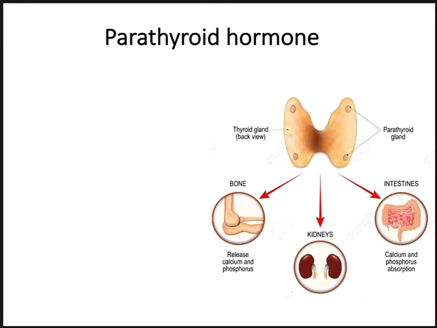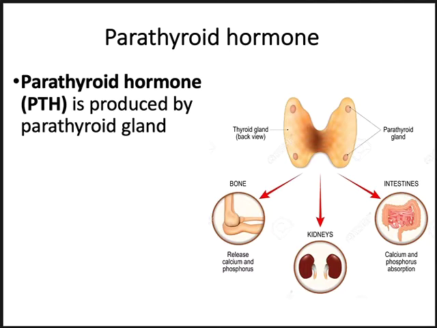Okay, parathyroid hormone is going to do the opposite. It's going to increase the calcium in the blood. So parathyroid hormone is produced by the parathyroid gland. Okay, and this has always been interesting to me. The parathyroid glands are glands on a gland. Parathyroid are on the thyroid gland.